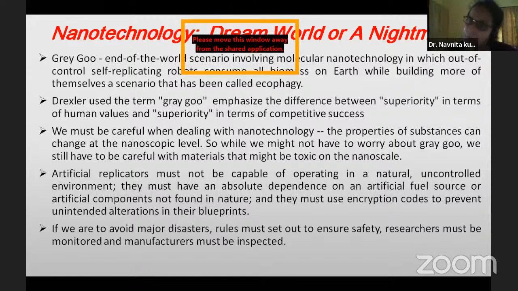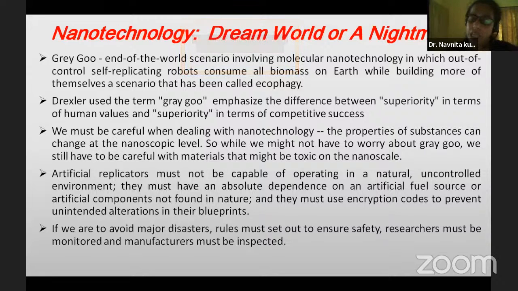So it may be possible after 100 years or 200 years that nanomaterials and nanotechnology can become the grey goo. This term emphasized the difference between superiority in terms of human values and superiority in terms of competitive success.